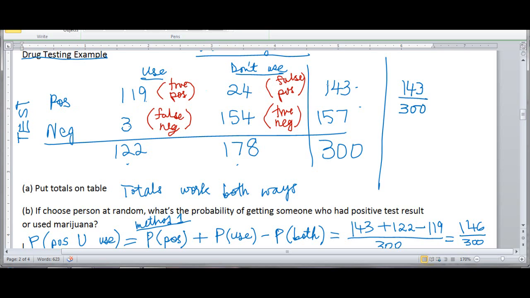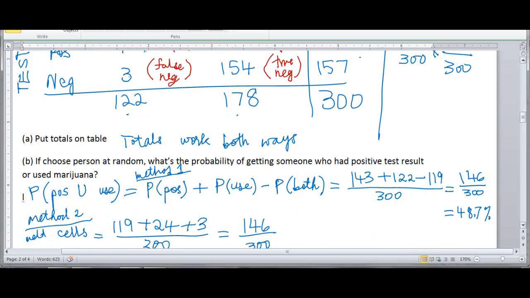And then I throw that person back in the pile. What's the chance that the second person is negative? 157 out of 300. And since I want the and situation, first person positive and second person negative, I'm going to multiply.